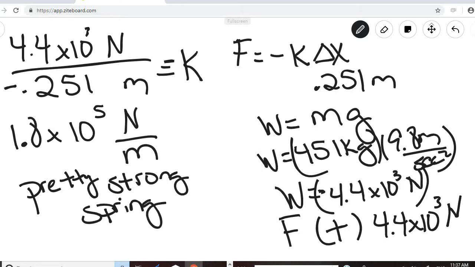So that is example 10.1. Let's go ahead and do On Your Own 10.1, which is on page 323.